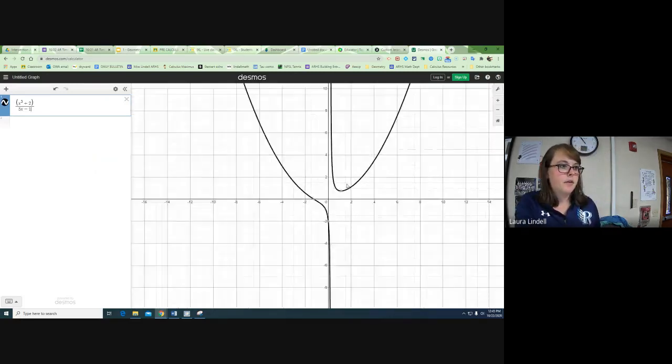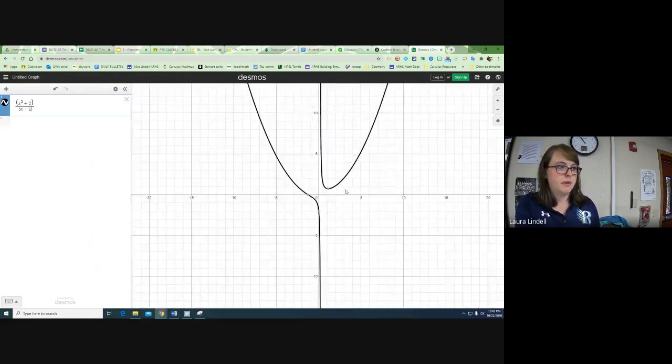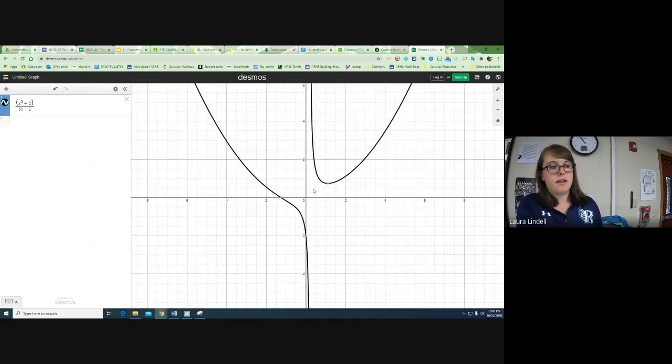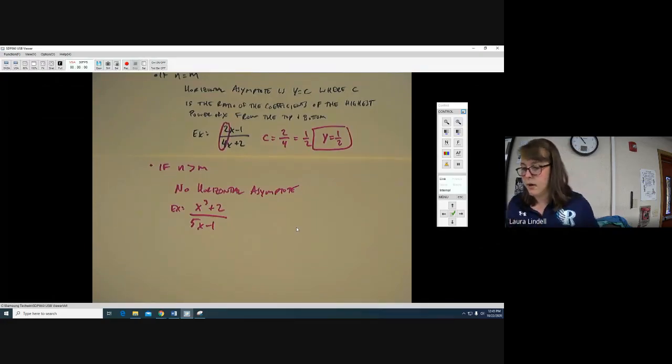Okay, so here we don't see a horizontal asymptote. We see something that looks really weird, but there's no horizontal asymptote. Okay, so those are all the cases for horizontal asymptotes, how we would find each one.